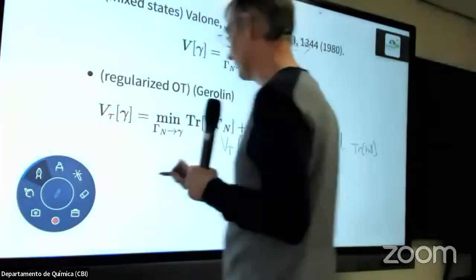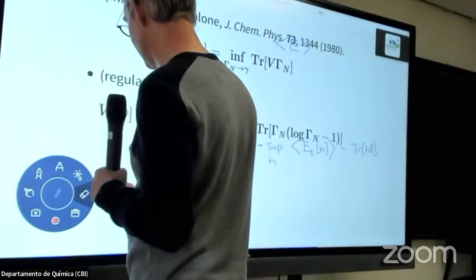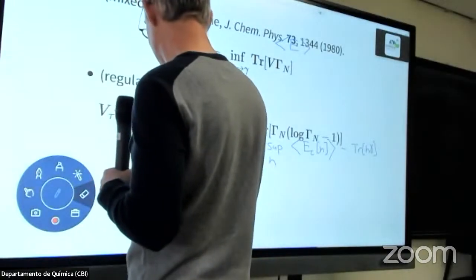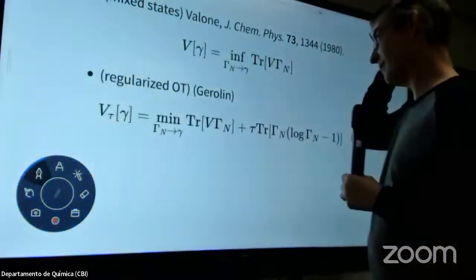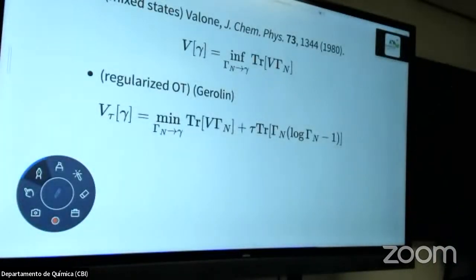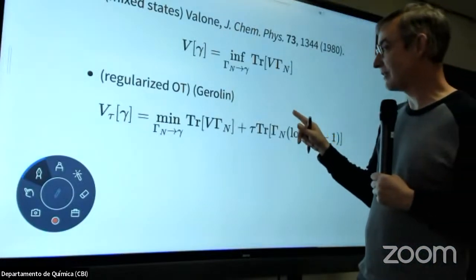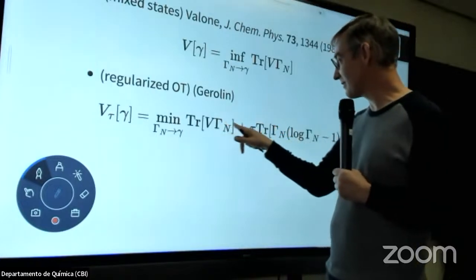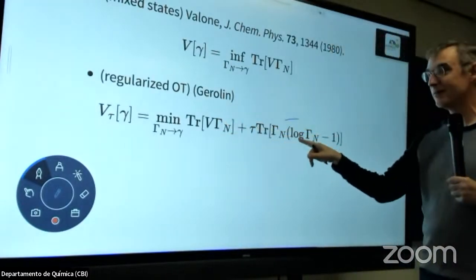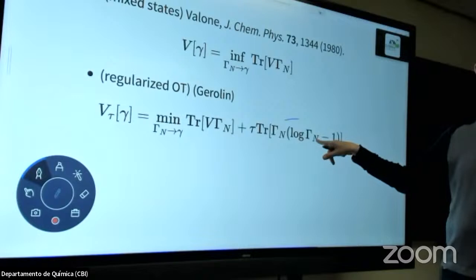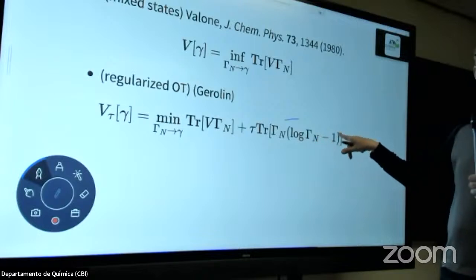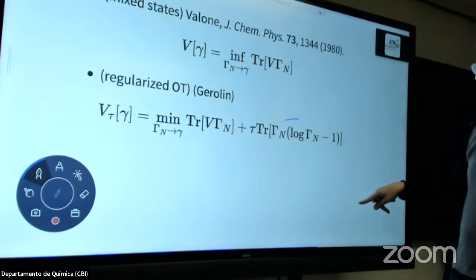And now we're into things that are more modern. There are other ways of doing this. So this corresponds to adding an entropy, right? This is gamma log gamma, right? The -1 you shouldn't worry about, it's just a normalization factor, so it's okay, right?